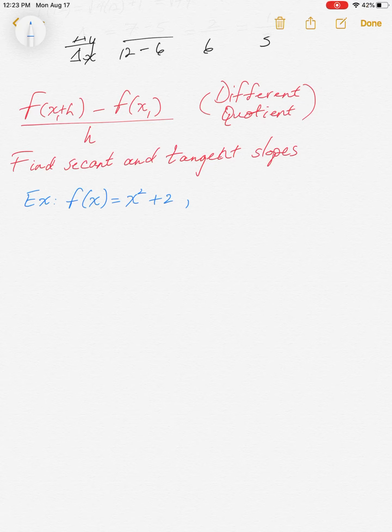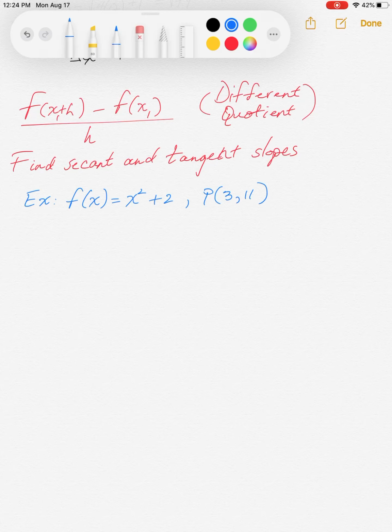And we want to find the secant and tangent slope at the point, we'll say, (3, 11). Okay. All right, so here we go. Let's go ahead and jump into the solving component.